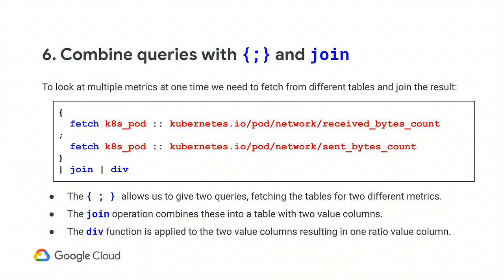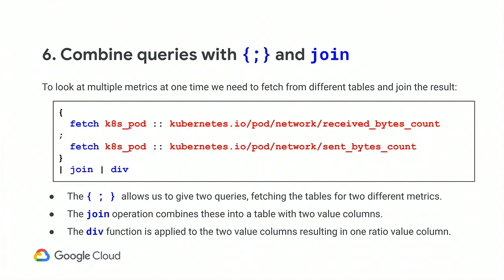Another thing that you often will want to do is to look at more than one query at a time. So far, we've just been looking at one query. In order to do that, you use these squiggly brackets and join. Between the squiggly brackets, you have multiple queries. Here, the queries are very simple, just a fetch operation, but they could be general queries put together by pipes, separated by semicolons.